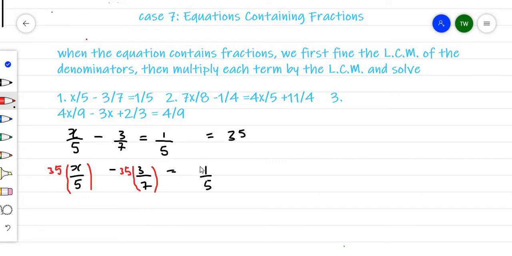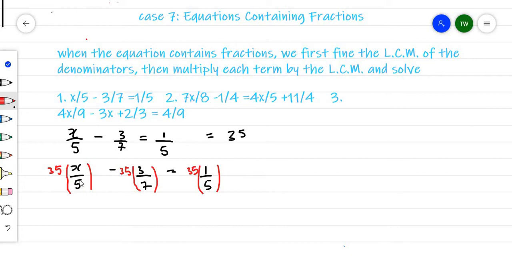And I'm also going to put this term in a bracket and multiply it by 35. So here, each term is being multiplied by 35.